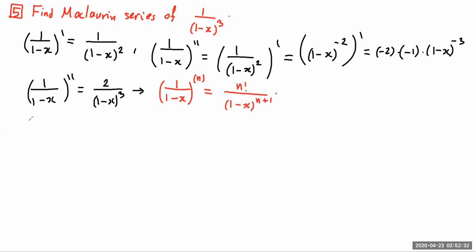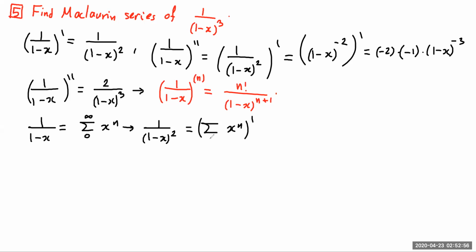Remember that the formula of 1 over 1 minus x is the sum of x^n from 0 to infinity. So let's take the first derivative. By taking the first derivative, 1 over (1 minus x)^2 is the derivative of the sum of x^n from 0 to infinity. It's the sum of n x^(n-1).